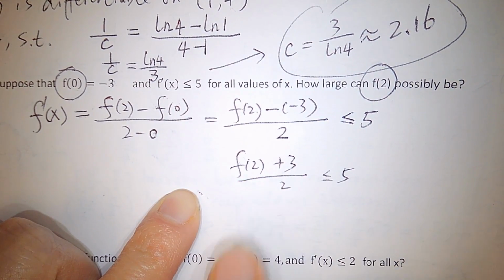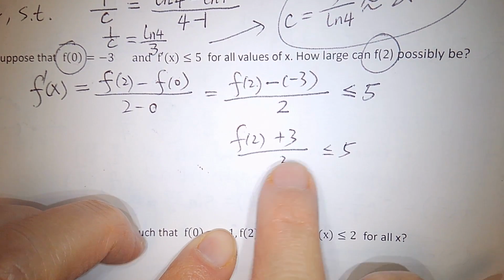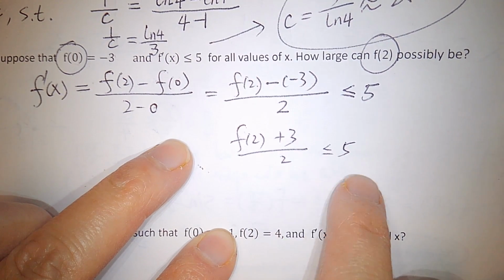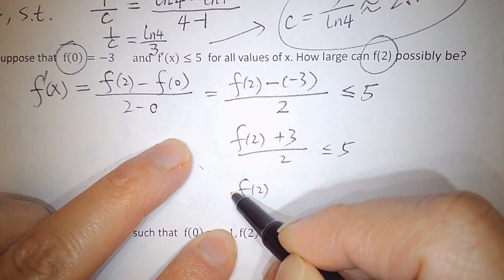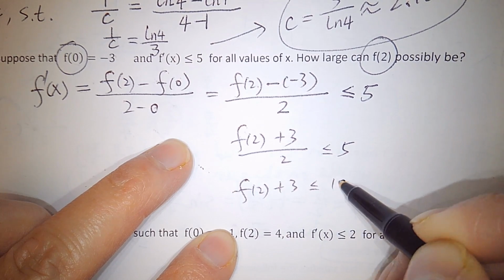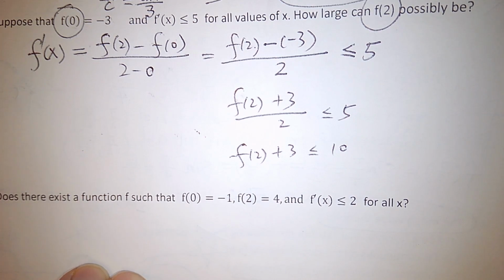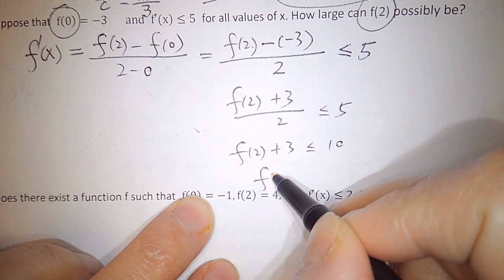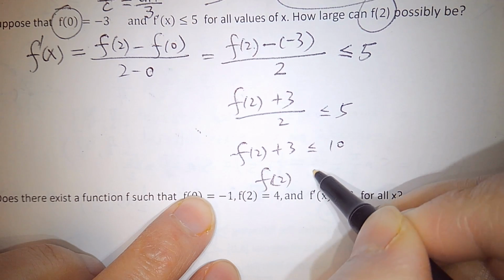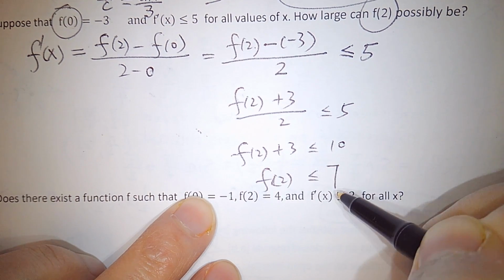How to isolate f of 2? Multiply by 2 on both sides. Less than or equal to what? 10. How do you isolate f of 2? Yeah, minus 3 from both sides. So f of 2 will be less than or equal to what? 7.